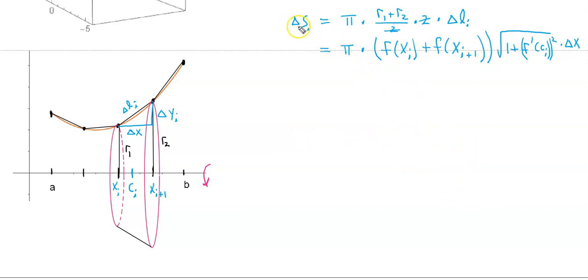Now let's sum all of these delta S i's together and we'll get an approximation for the surface area, and we'll take the limit as n goes to infinity and we'll see that we get an integral coming out. So then the total lateral surface area S is going to be approximately the summation of all of these terms right here.